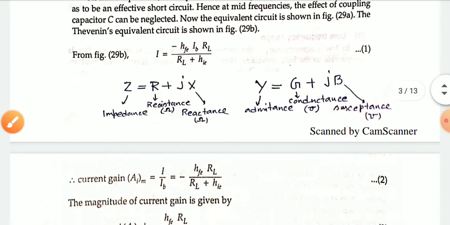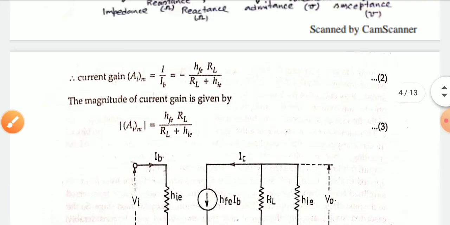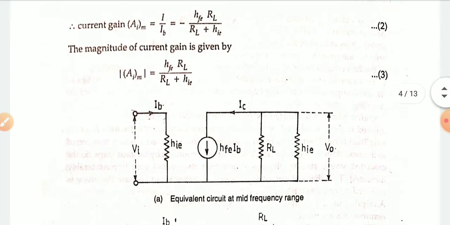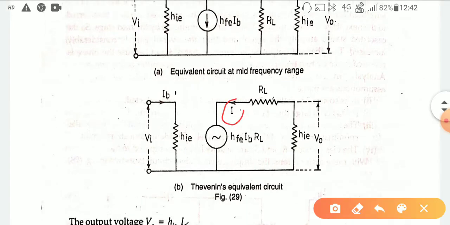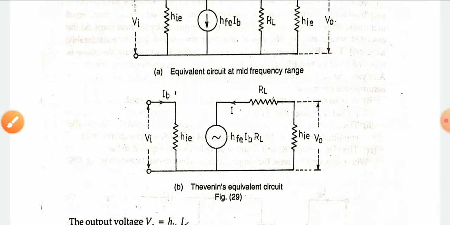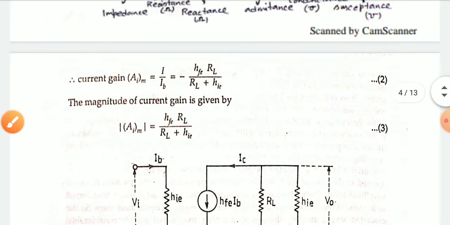Now you just put this value in this position to get the current gain. The current gain is defined as the output current divided by the input current. For this circuit the output current is I, so you calculate the value for I, and the input current is I_b. So from this you can write down this one.